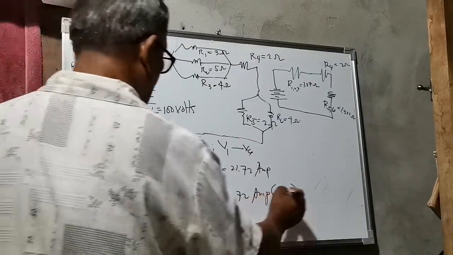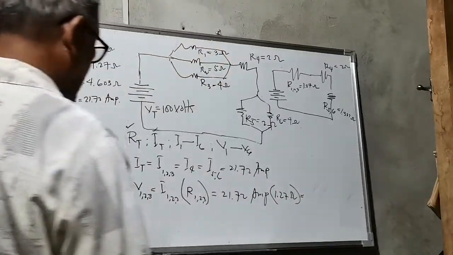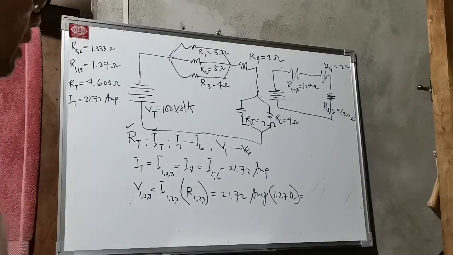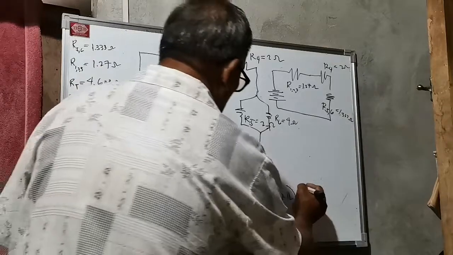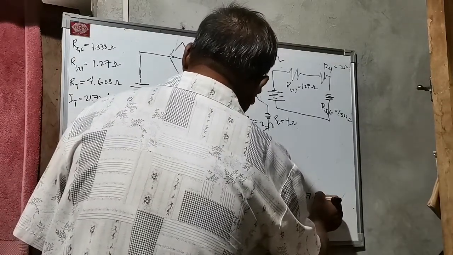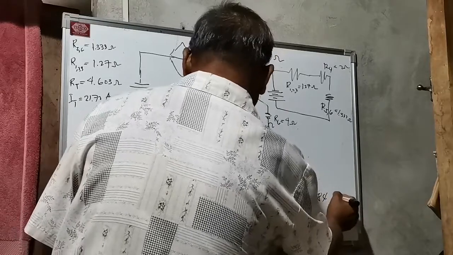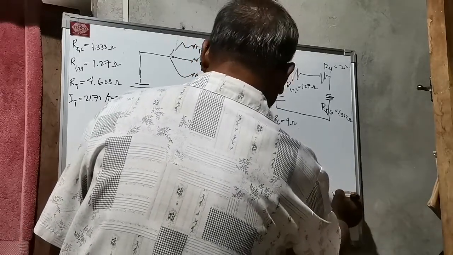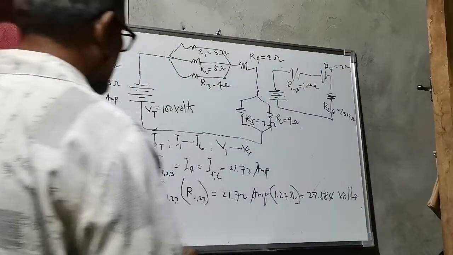Okay. What is the value for V123? 27.584 volts.